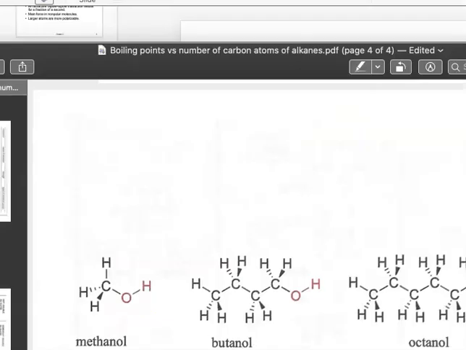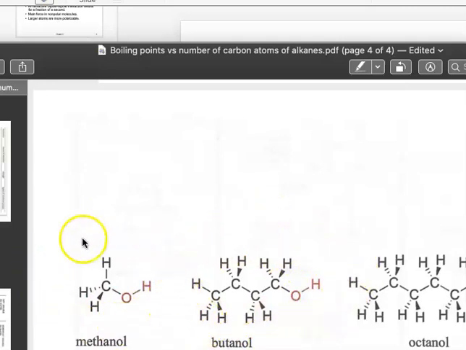That same kind of pattern that we saw, if we compare two compounds of different molecular weight with the same functional group, you'll notice that even though these have much more powerful forces going on in terms of hydrogen bonding, which we'll talk about in just a second, it turns out that the length of the carbon chain even here plays a role, right? And so butanol is going to have a much higher boiling point than something like methanol. And it has everything to do with recognizing, okay, these things both have hydrogen bonding, right?